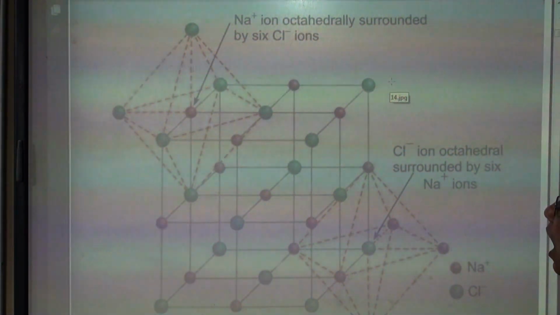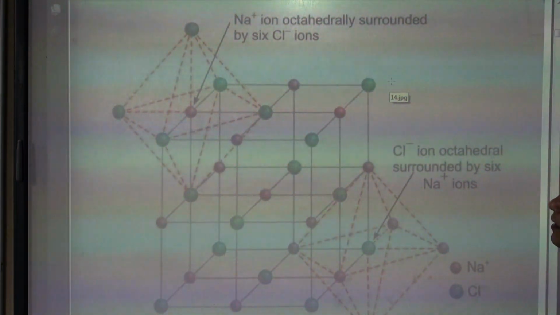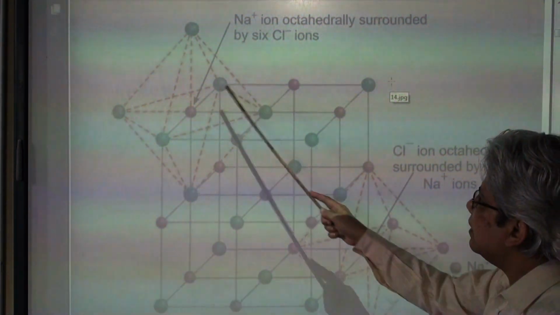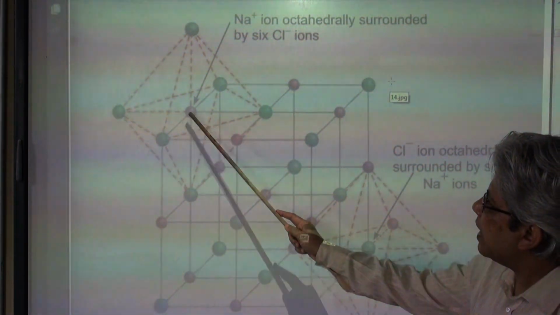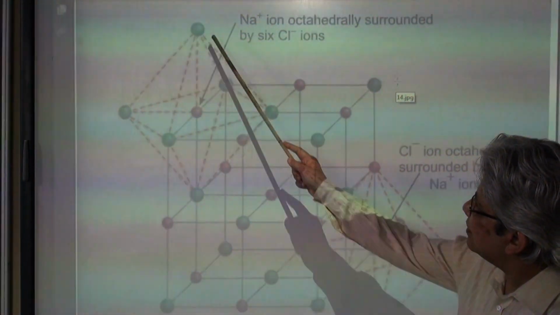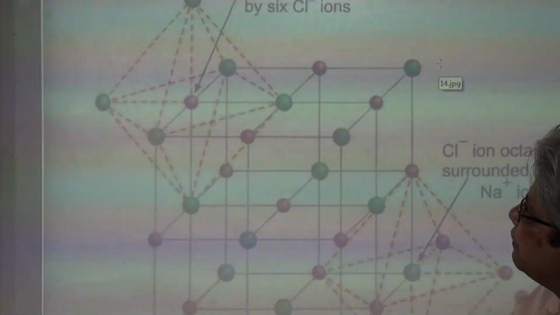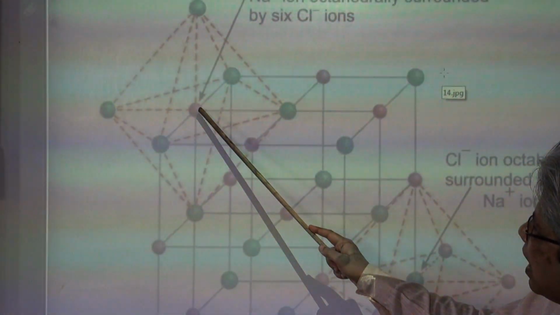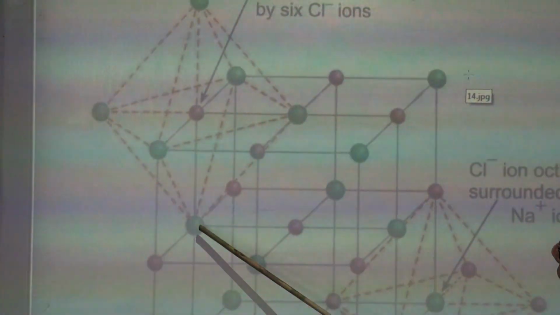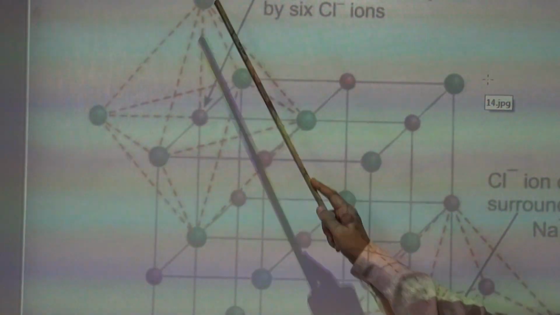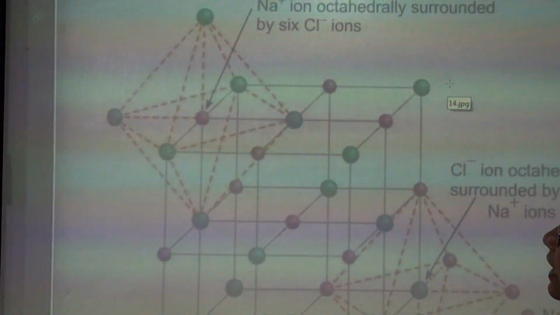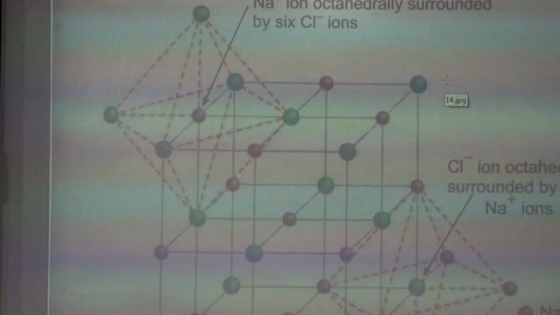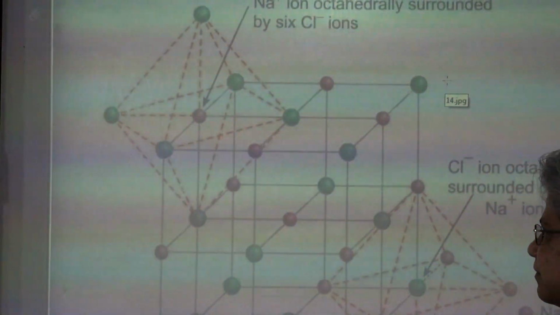Next, how many are surrounding each particle? Now look at first the sodium ion. If you look at this diagram, you will find the sodium ion is surrounded by 6 chloride ions. So these 6 chloride ions are the nearest neighbors of the sodium ion.